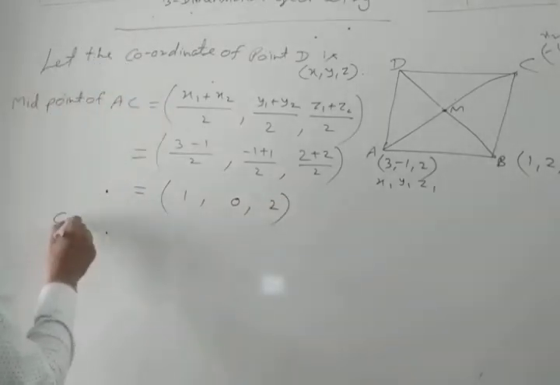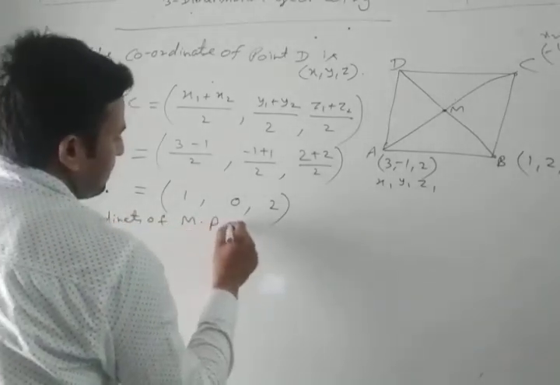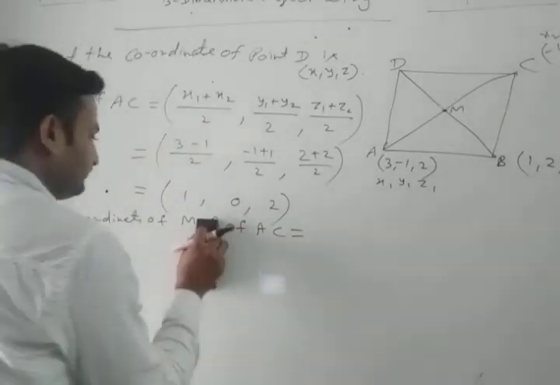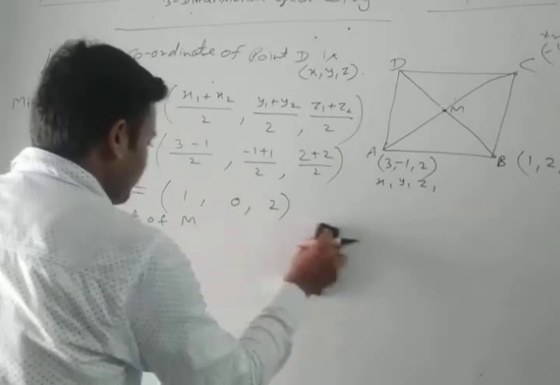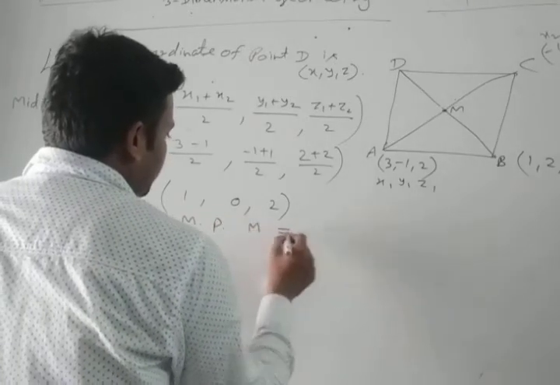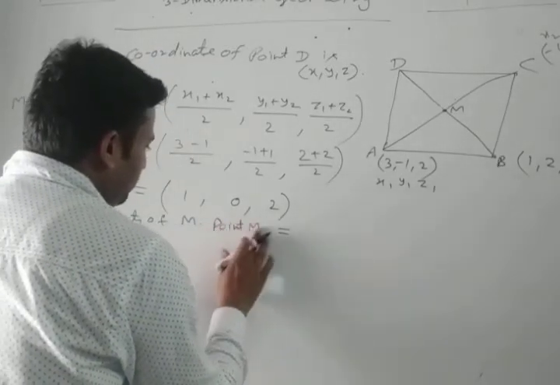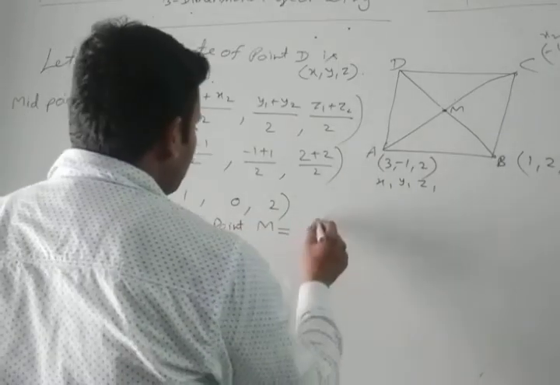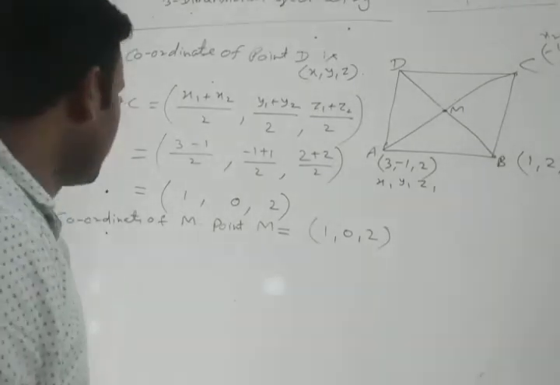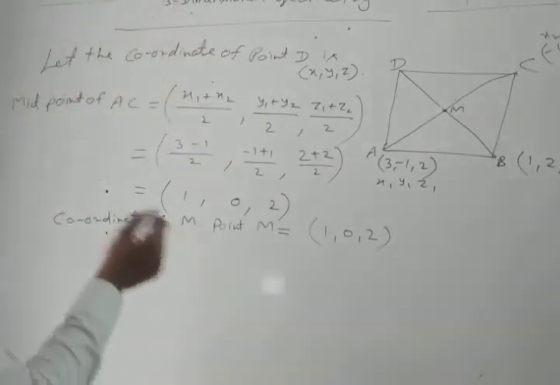So the coordinates of the midpoint M are 1, 0, 2.